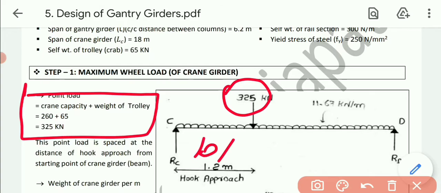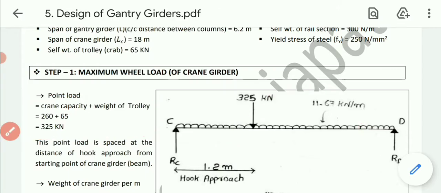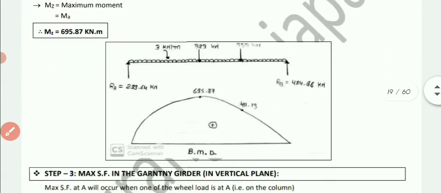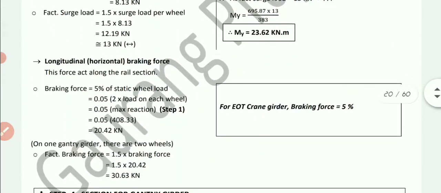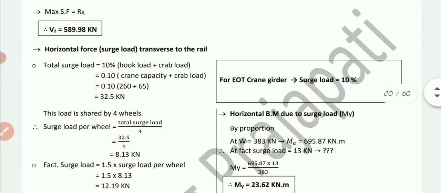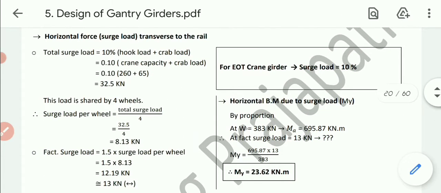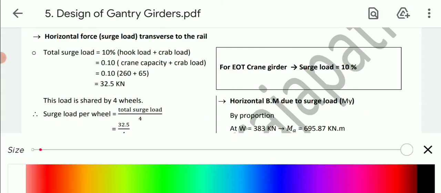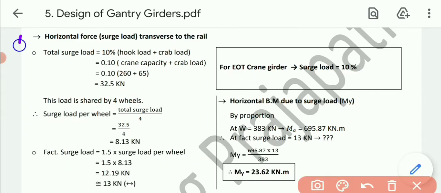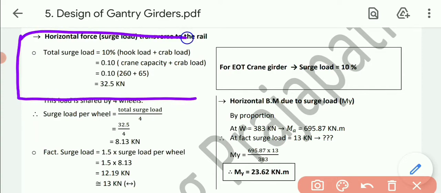So 10% of this will be 32.5. Clear? So let's go back to step number 3. See, 10% of 325, that is 32.5.